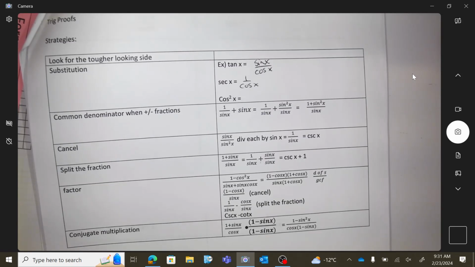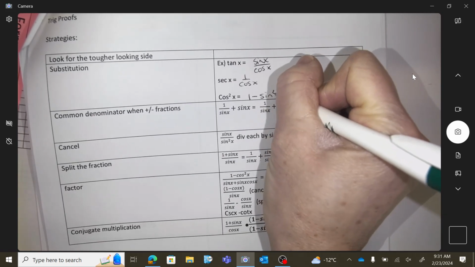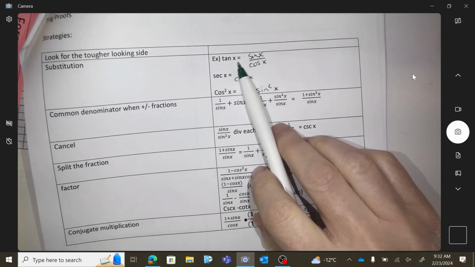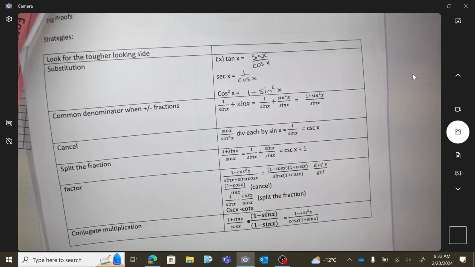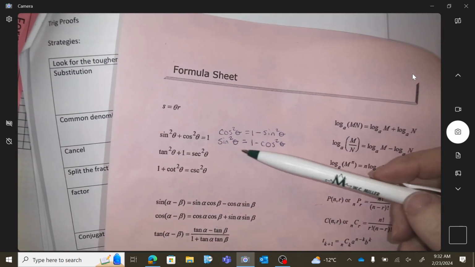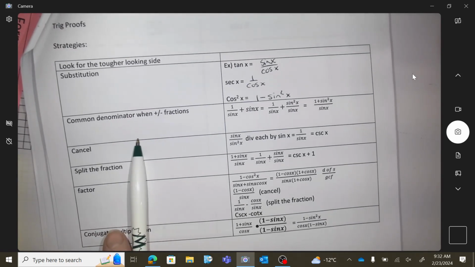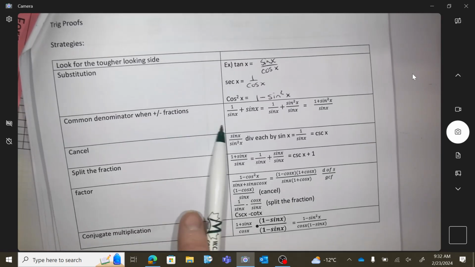Did you find something? 1 minus sine squared x. Okay, so some of the substitutions, so tan, the flips, you should just know. Some of the substitutions will come from these little equations. Another strategy is to do common denominators if you ever have to add fractions.